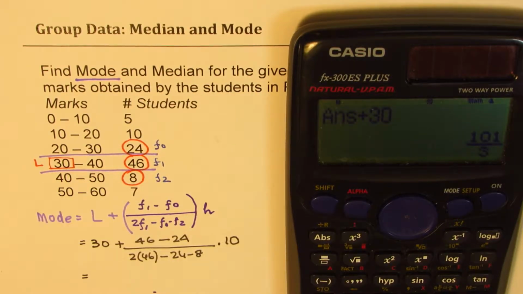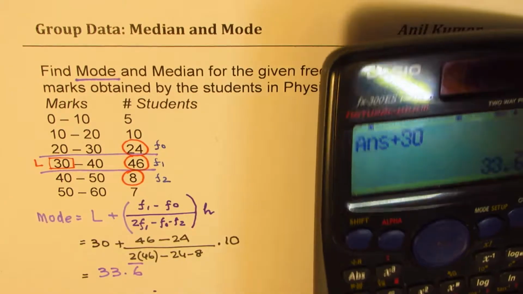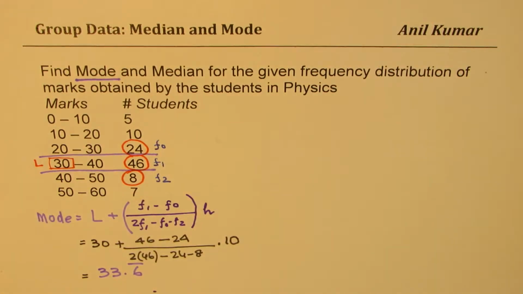So we get 101 divided by 3, a value which is 33.6. When we are talking about number of persons, we'll write this mode as 34. So the mode for us is 34.